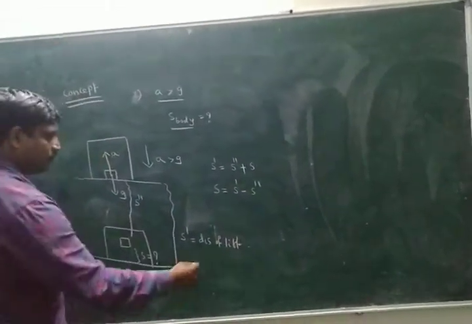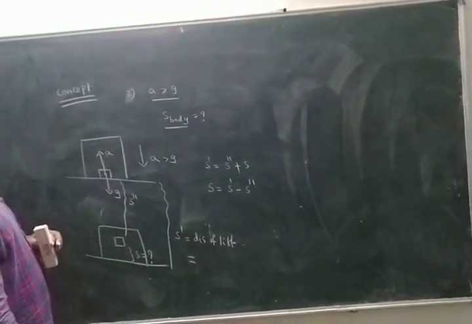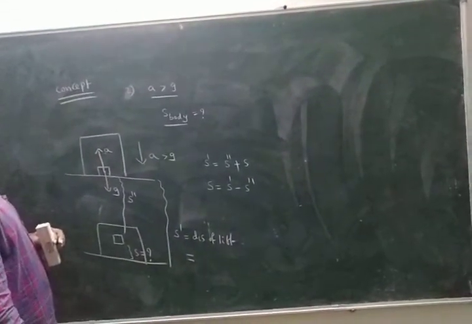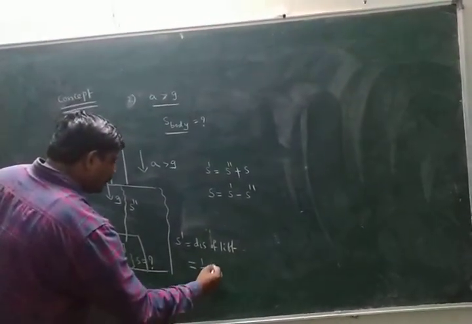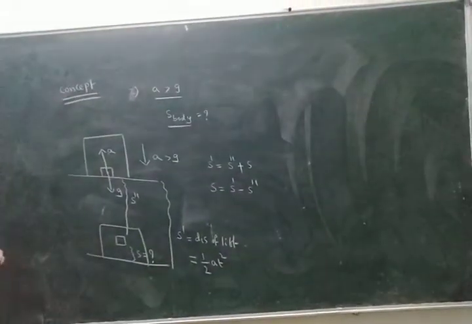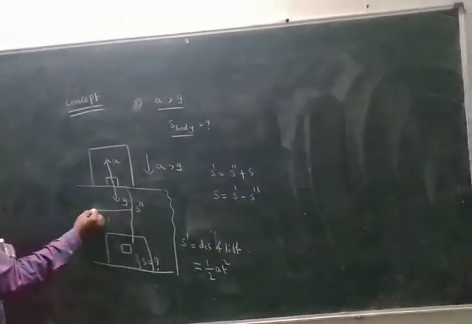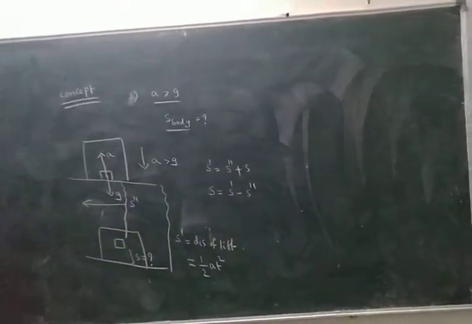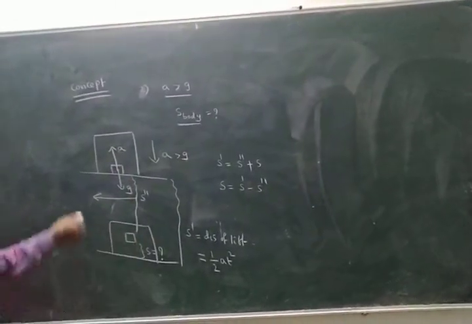Displacement of the lift: S equals ut plus half at square. Here the lift is initially at rest, so u becomes 0. Simply, S dash is half at square. Here S double dash indicates the displacement of the body after t seconds.